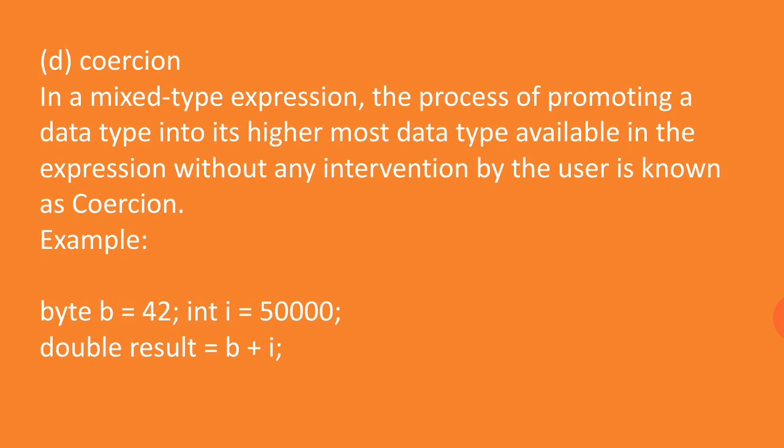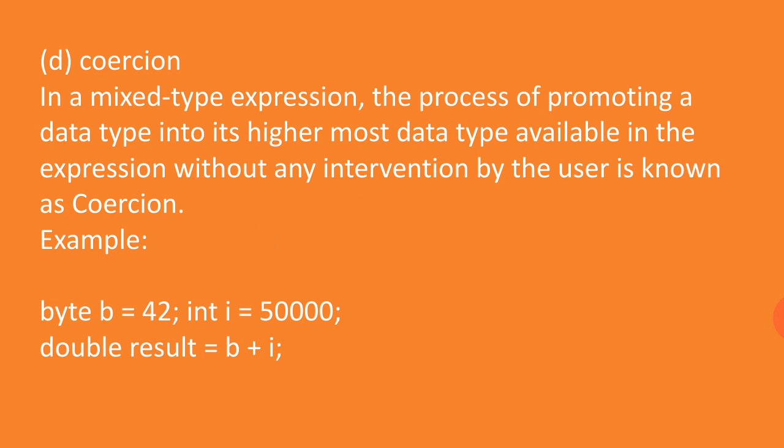After the boolean, now we have a term, coercion. In a mixed type of expression, the process of promoting a data type into the highest data type available in the expression without any intervention by the user is known as coercion. Example: byte b = 42, then int i = 50,000.